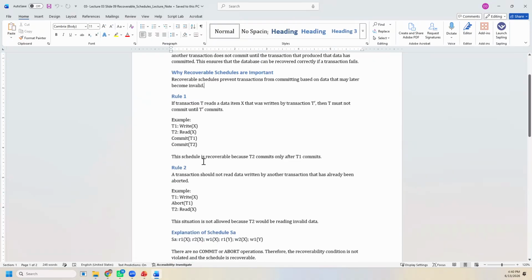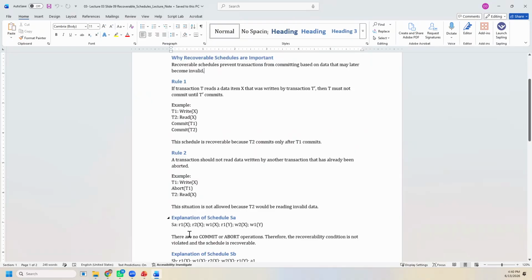These are the two rules we are discussing in that slide. Rule 1: if transaction T reads a data item X that was written by transaction T dash, then T must not commit until T dash commits. So T reads what was written by T dash.